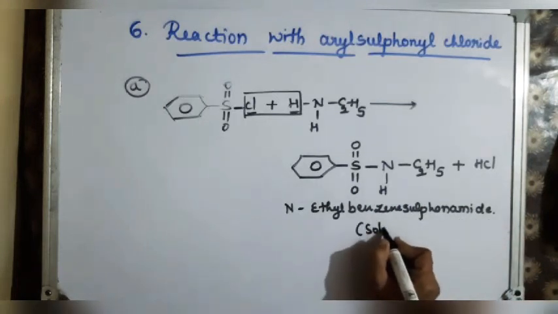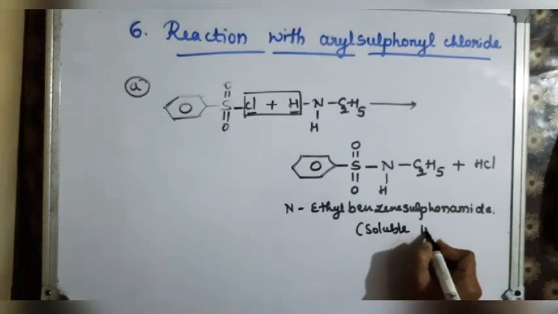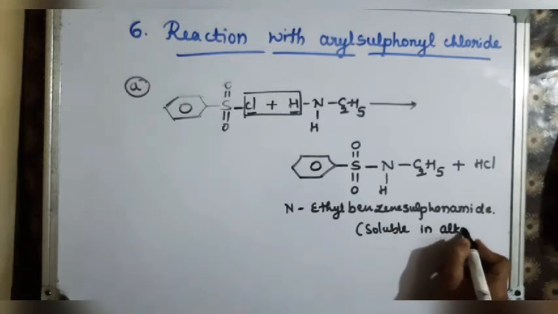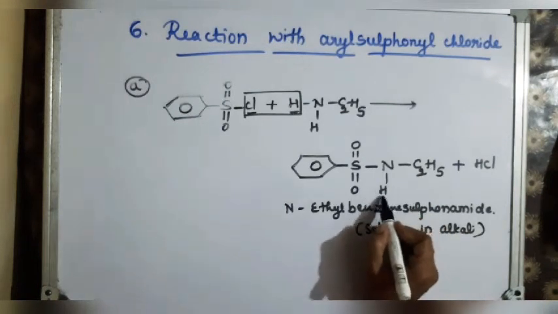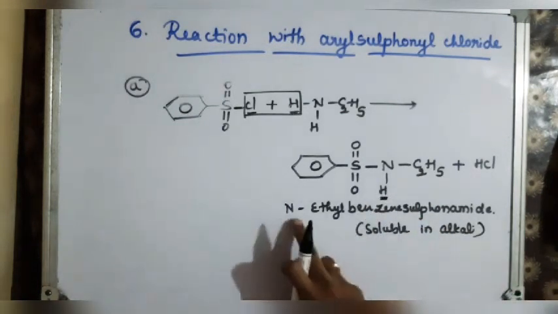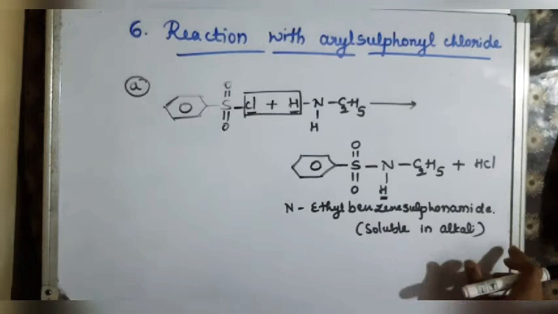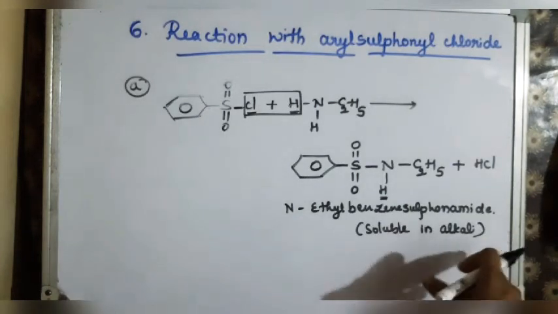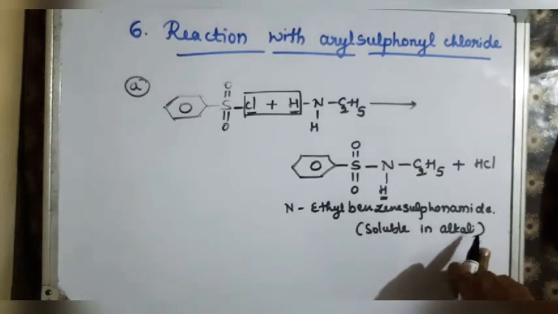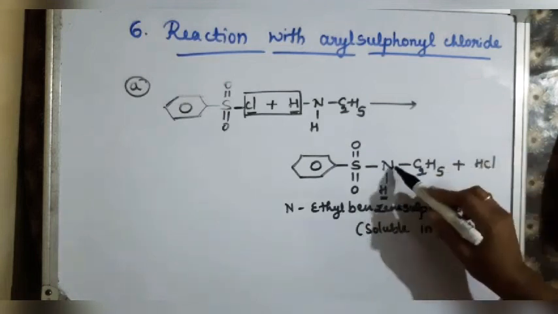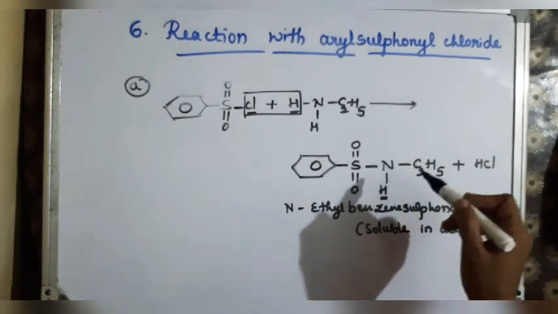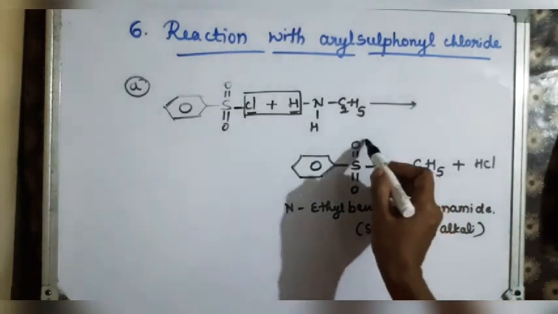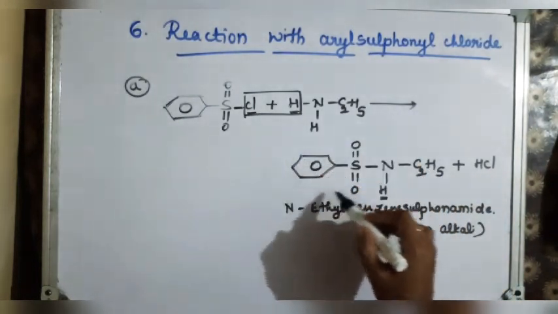And this is soluble in a base. It is acidic in nature. Because of this proton, it is acidic in nature, so it is soluble in the alkali. The hydrogen attached to the nitrogen in the sulfonamide is strongly acidic. That is due to the presence of a strong electron withdrawing group.